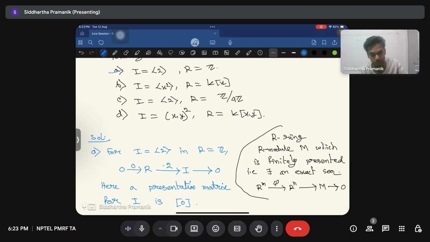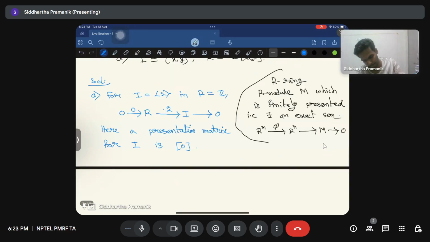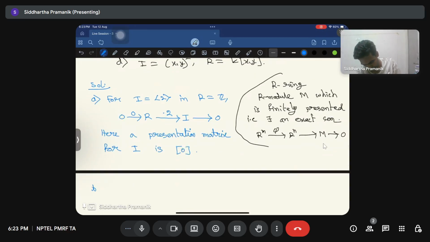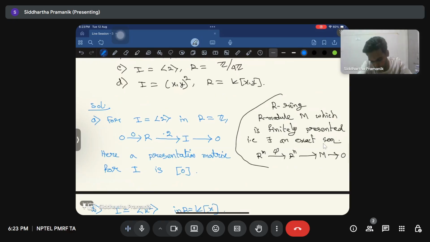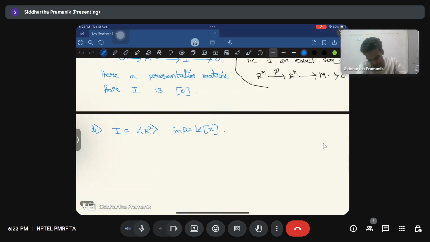Let's see part B. In part B, I is the ideal generated by x square, where R is the polynomial ring k[x]. Here also the same thing will happen.